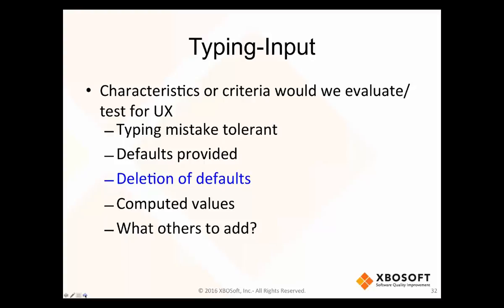The second thing is, you want to make your application typing mistake tolerant, so that if they enter something incorrect, it comes back and helps them, right? Another thing you may want to have is computed values, so that some values are computed for them and put in for them, and then they can change them if they want to. So, for instance, if you have a simple mortgage calculation application, you may want to do something like that.